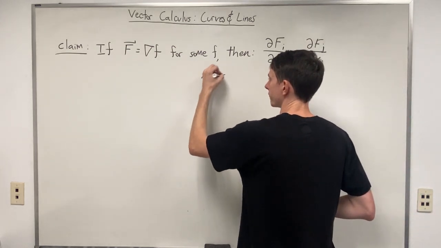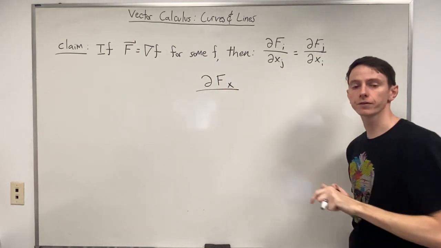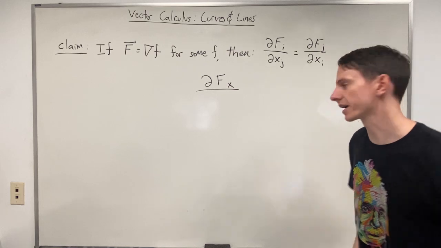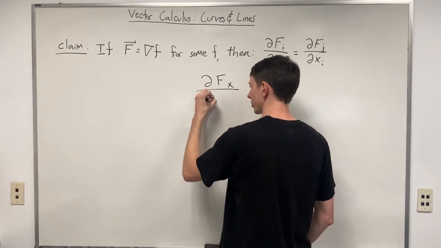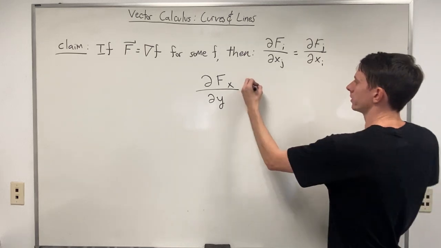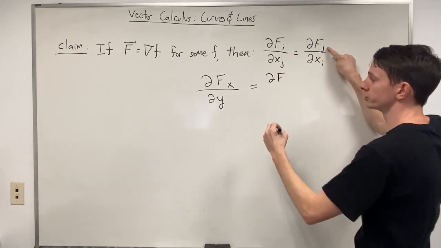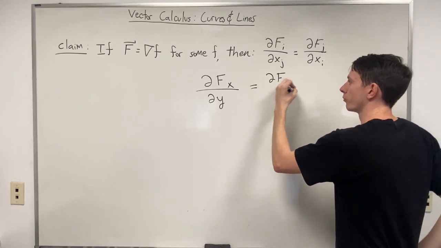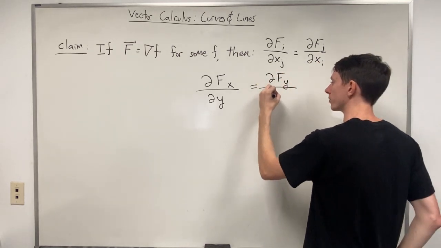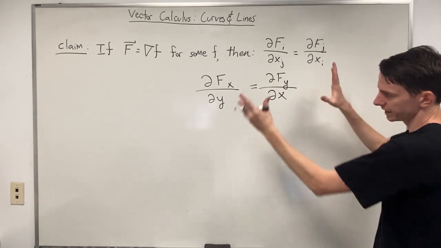You would have partial F_x, partial y, equals partial F_y, partial x. That is, the derivative of the first component with respect to y equals the second component of F with respect to the first coordinate, x. Hopefully we see how that works?